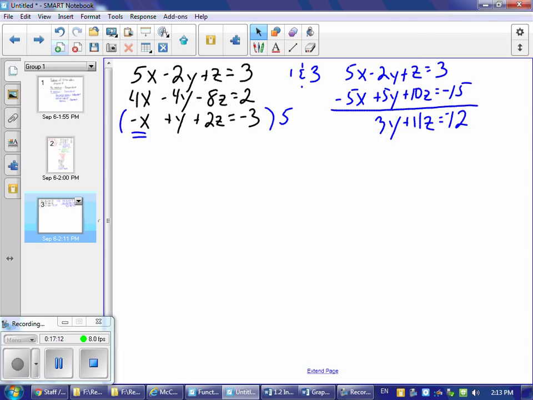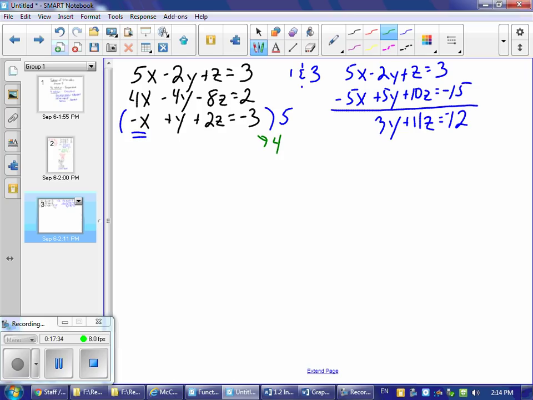All right, let's do 2 and 3. I think that makes the most sense. If we do 2 and 3, I'm now going to multiply the entire bottom equation by, I don't know how to do this the right way, let's try 4 instead of 5.